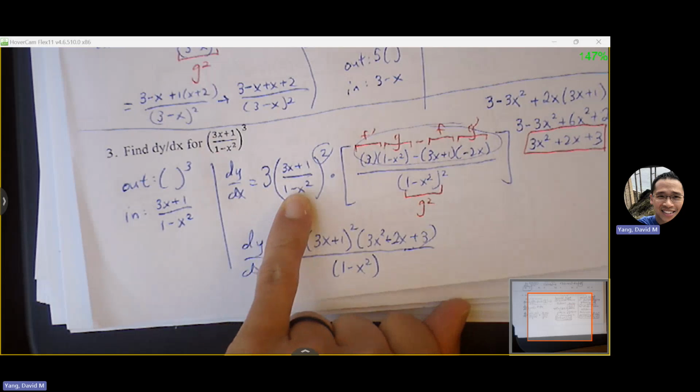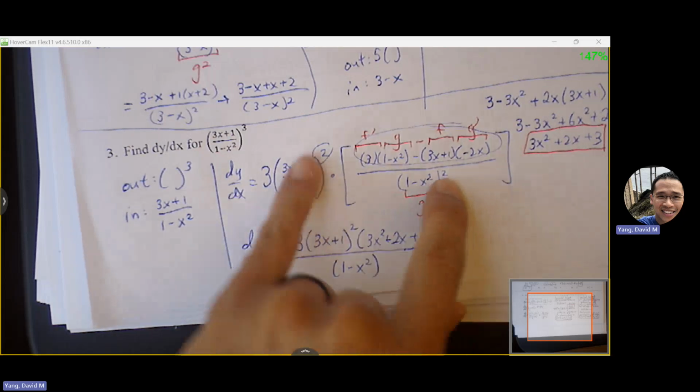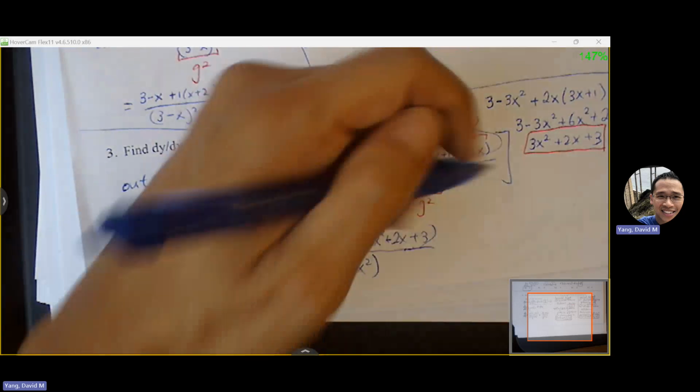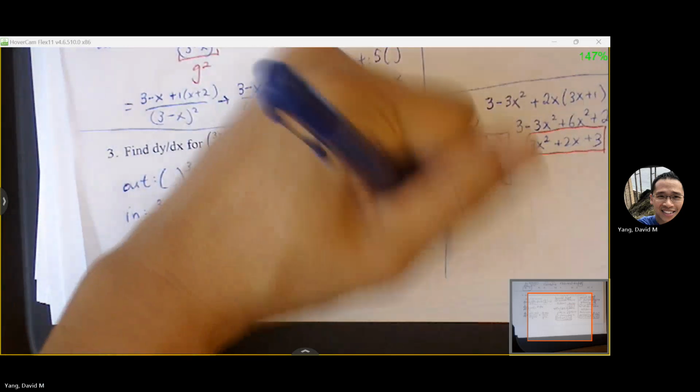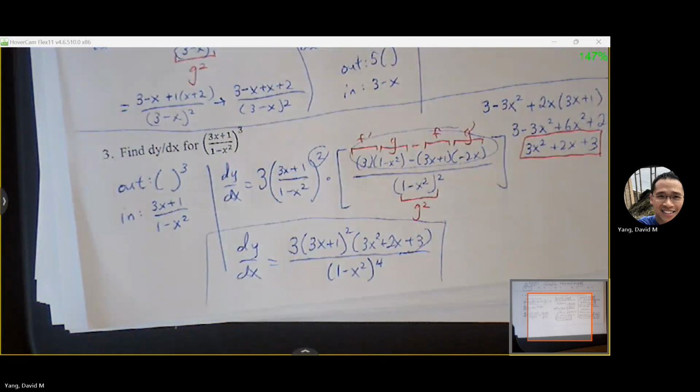There's 2 in a 1 minus x squared, there's 2 here. So add those two numbers together, we get 4. Okay. Any questions there?